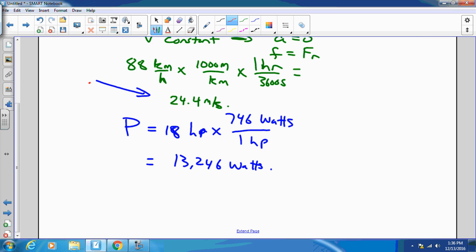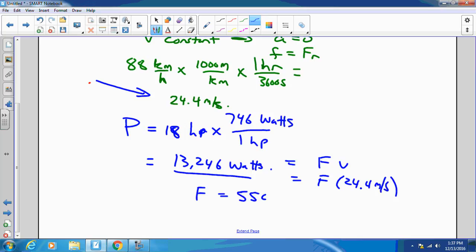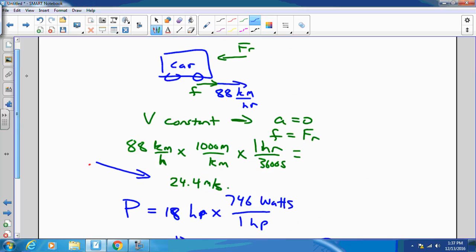And so we set power equal to, here's our power in watts right here, we set that equal to force times speed, and the speed that we have is 24.4 meters per second. Do a little bit of dividing. And we get that the force is equal to 550 newtons, which is about the weight of a 120-pound person.